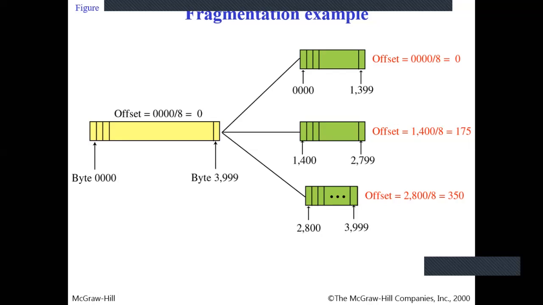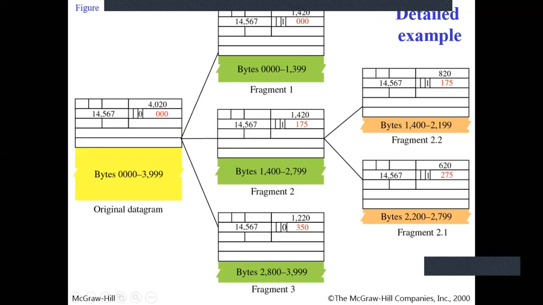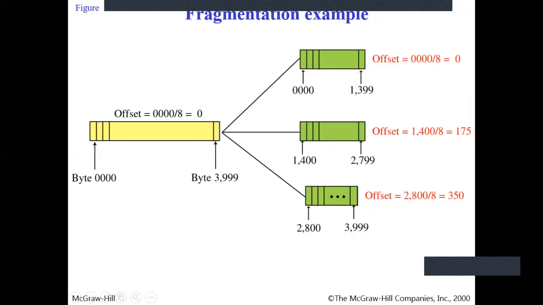The size of the different fragments are: the first fragment starts from 0 to 1399, which contains approximately 1400 bytes. The next fragment starts from 1400 to 2799. Okay, and the next fragment starts from 2800 to 3999, which is 4000 bytes.